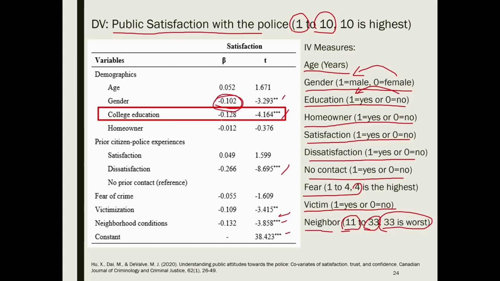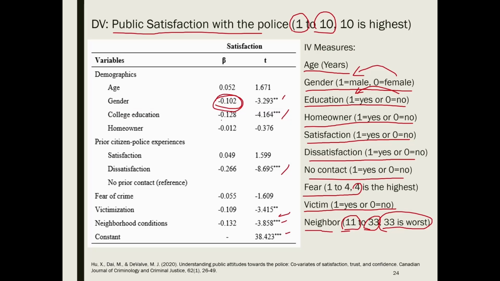So what we interpret is, compared to the people who have no college education, the college-educated people tend to be less satisfied with the police. They may think the police could do better based on their education.